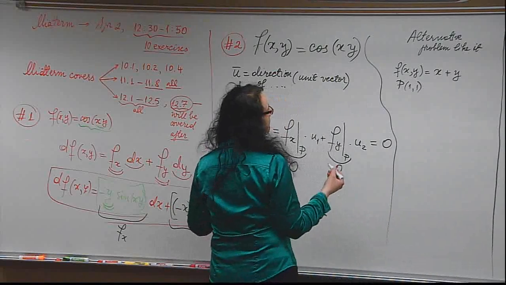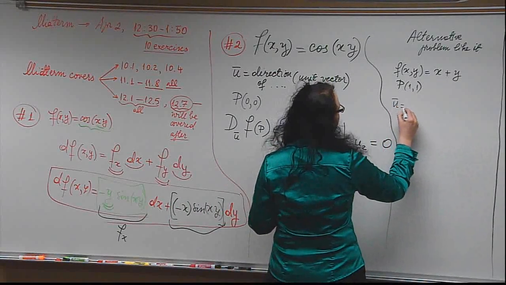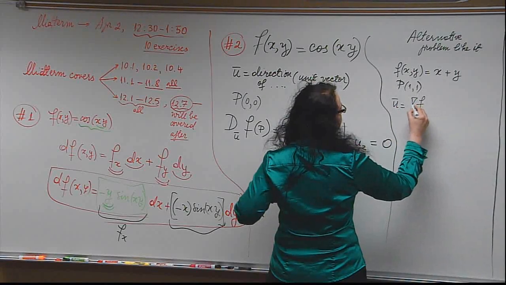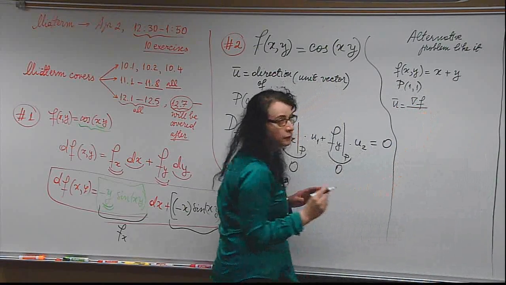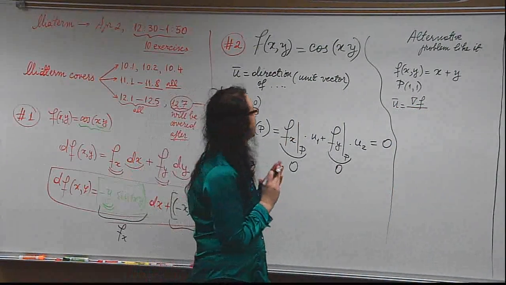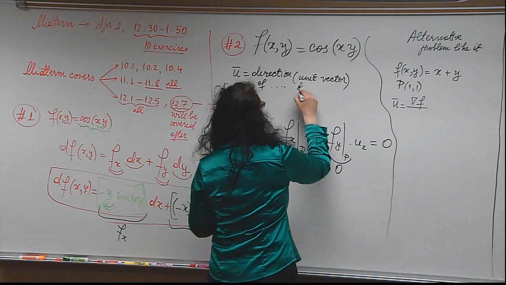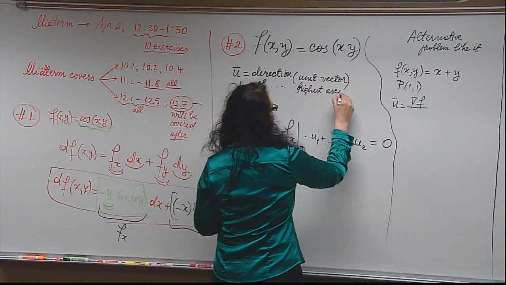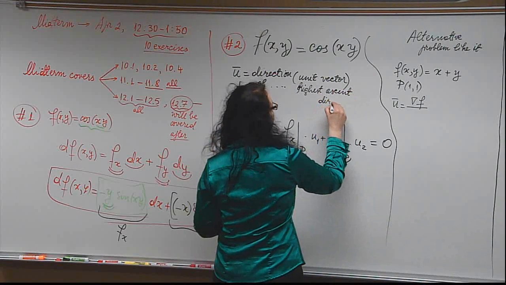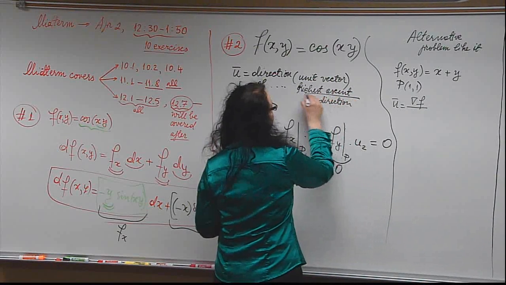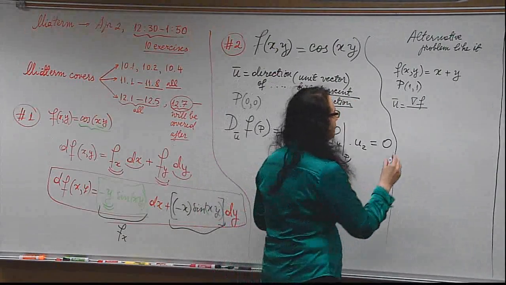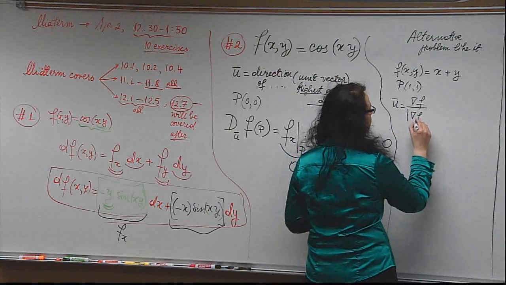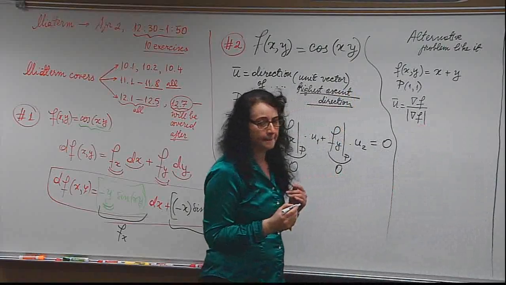Who will be u? u will be the direction of the gradient divided by its length, if I'm talking about the direction of the highest ascent. Sometimes I may give you that direction, and it doesn't have to be the highest ascent direction. But in this case, it has to be, because the problem says so.